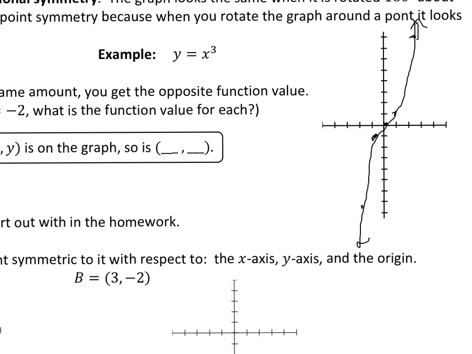So again, if I did a little x-y table here for this: negative 2, negative 8; negative 1, negative 1; 0, 0; 1, 1; 2, 8. What about 3? If x is 3, what would y be? 27. What about negative 3? Negative 27. Okay, so if x, y is on the graph, then so is negative x, negative y. Good.